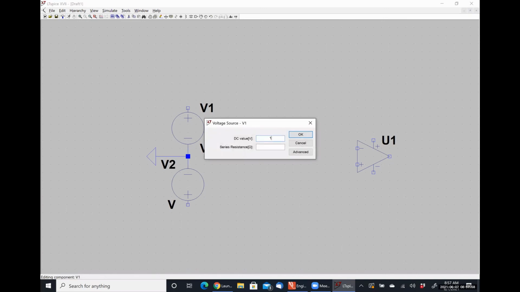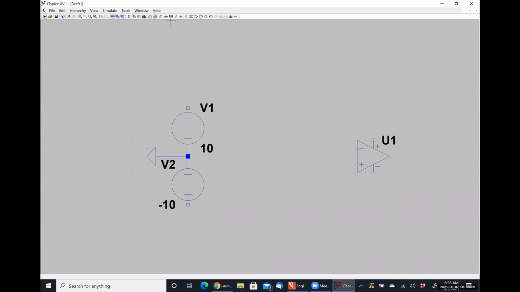So let's do positive 10 volts on this one, and negative 10 volts on this one, just for the sake of argument. And then I'm going to label this top node, the positive polarity terminal of the voltage source V1, as VCC plus. And then I can tie that voltage to the supply voltage terminal on my op amp.